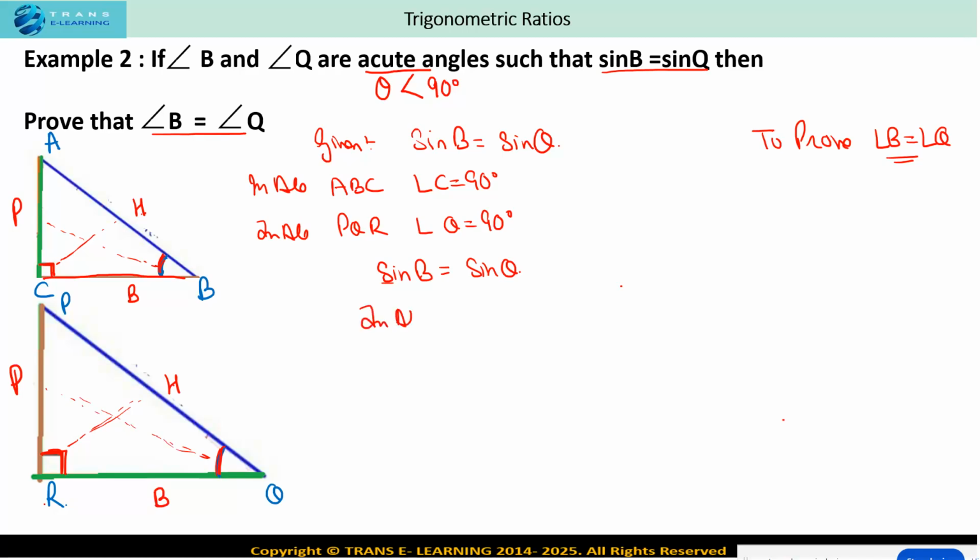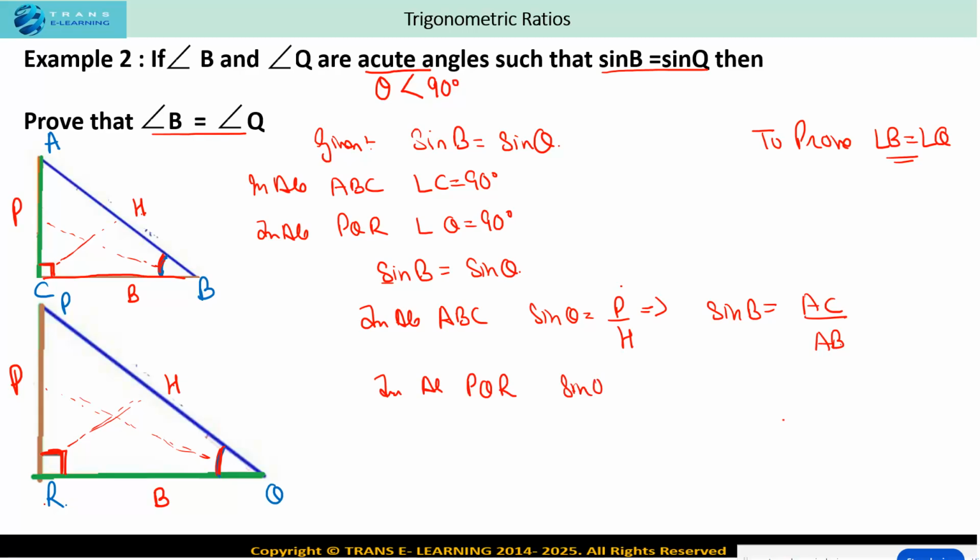Now in this triangle ABC, sine theta is equals to perpendicular upon hypotenuse. So in that case, that will be equals to AC upon AB. Similarly, in triangle PQR, sine is equals to perpendicular upon hypotenuse. So that means sine Q will be equals to PR upon PQ.